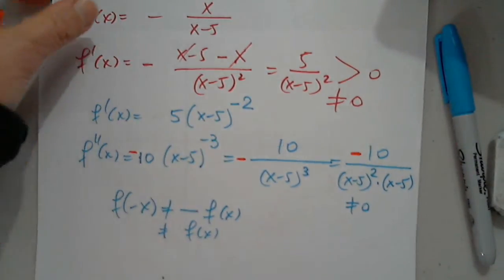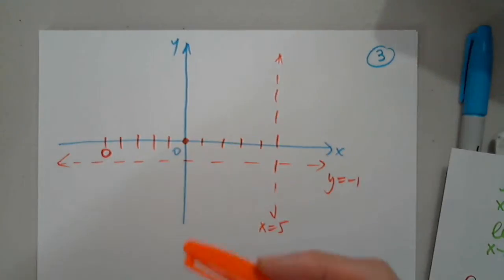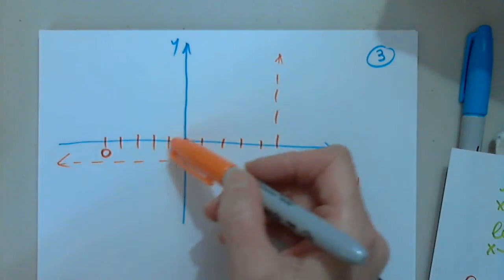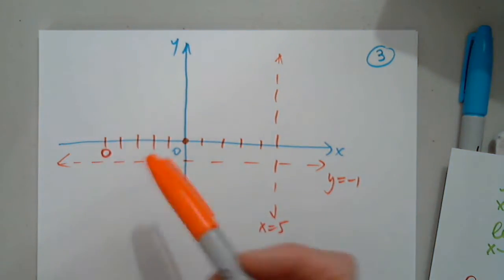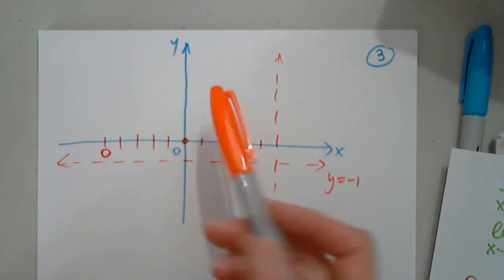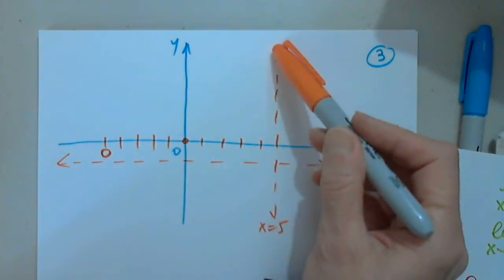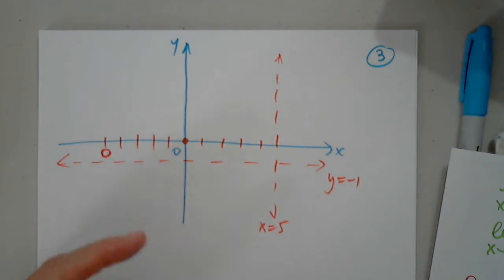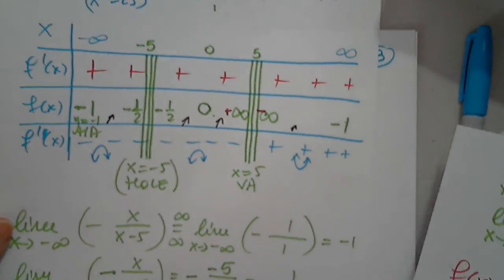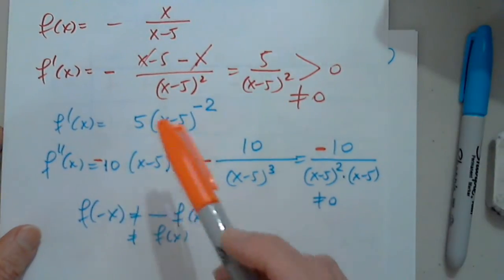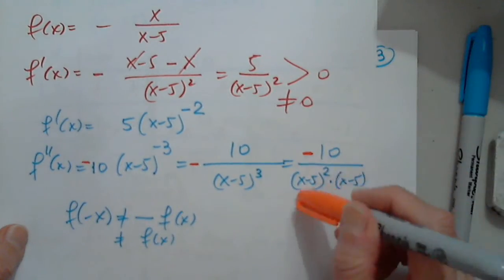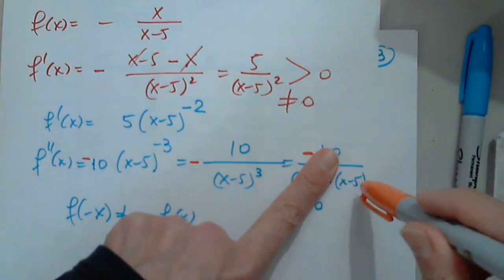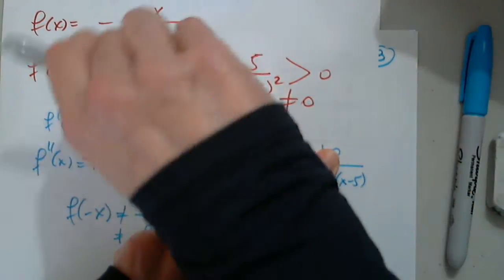Because it's not possible. How did I find out that? Because the function has to do this. It cannot do this. I mean, it has to approach asymptotically. So I said, oops, something is wrong. And I found my error. It's right here. Okay? So this is positive still. But now this has a negative leading coefficient.